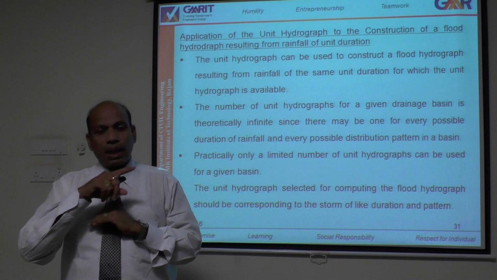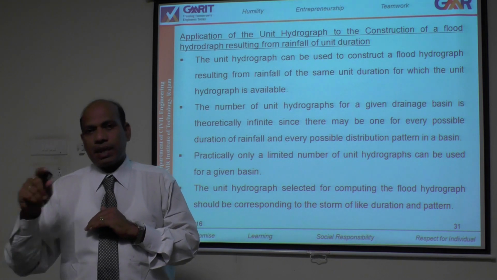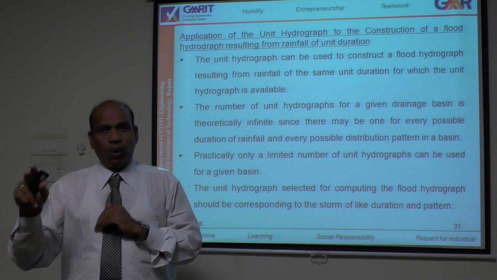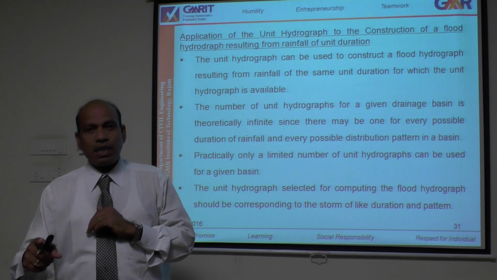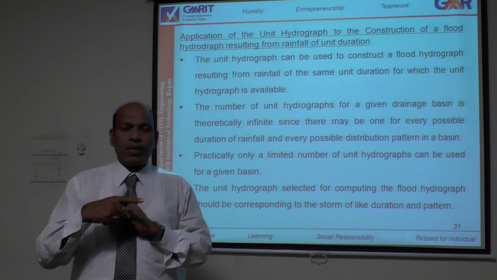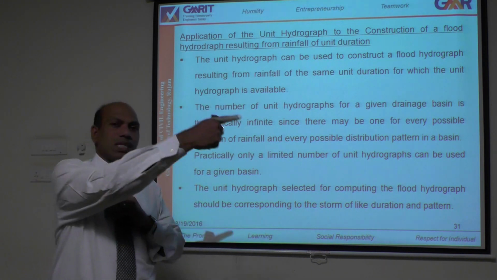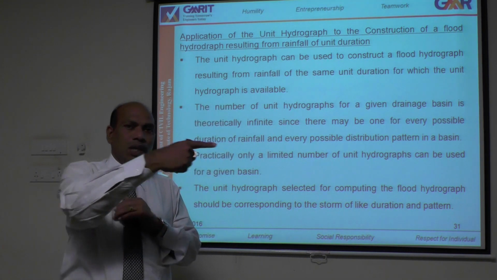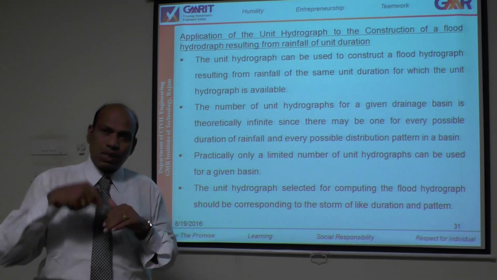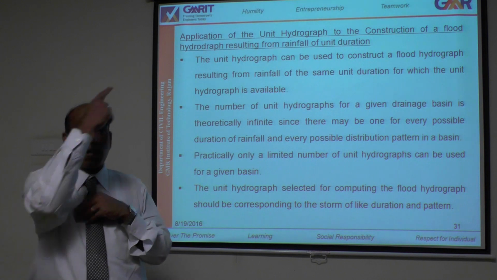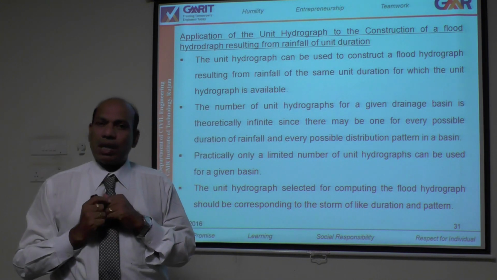For example, the rainfall excess in one condition is 3 centimeters, one pattern, and another time the rainfall excess is 5 centimeters. Even for 3 centimeters of rainfall excess with the same unit duration, this unit hydrograph can be used for the construction of the storm hydrograph. Likewise for 5 centimeters rainfall excess.